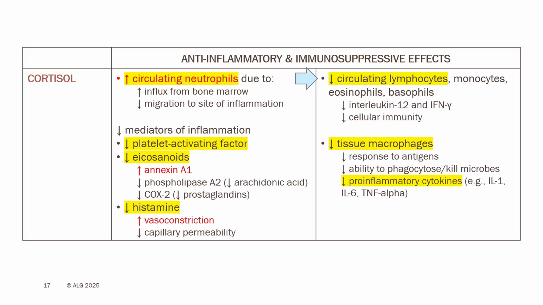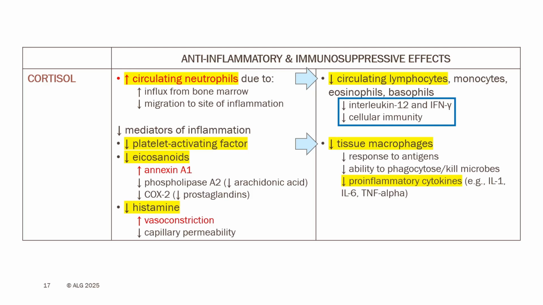Cortisol also inhibits the functions of tissue macrophages, limiting their response to antigens and their production of inflammatory cytokines. The suppression of both lymphocytes and macrophages decreases the production of interleukin 12 and interferon gamma, both of which are inducers of T cell immune response.